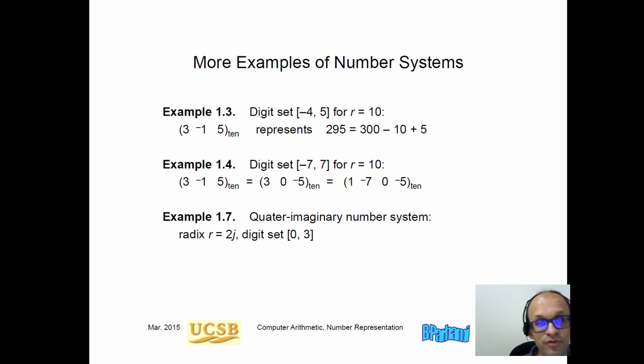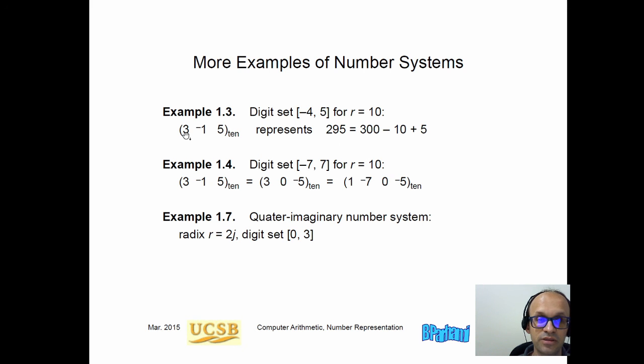So, more examples of numbers. This is really interesting because, for example, if you have the digit set minus 4 to 5 and radix 10, you can see that from minus 4 to 5 you have 10 digits, so that's why the radix is 10. If you have 3, minus 1, 5, which number do you represent? You are going to represent 295.